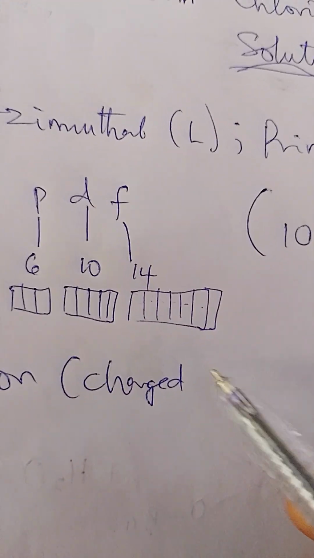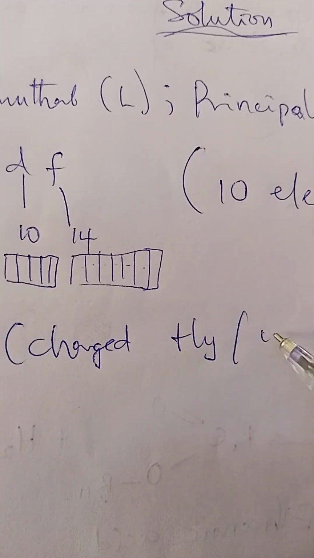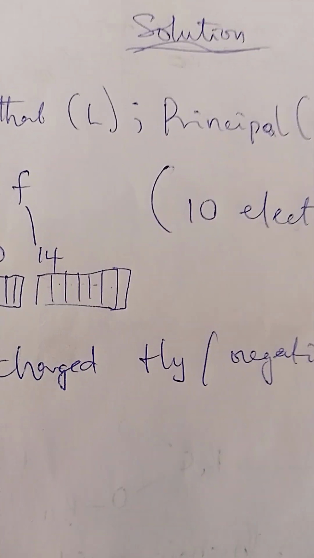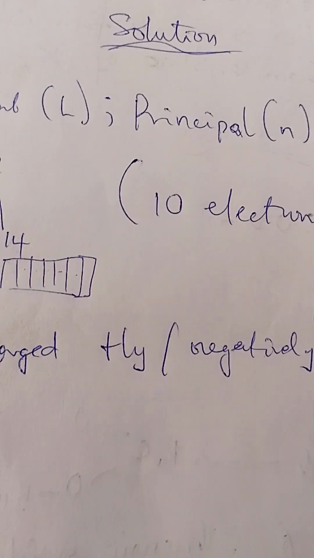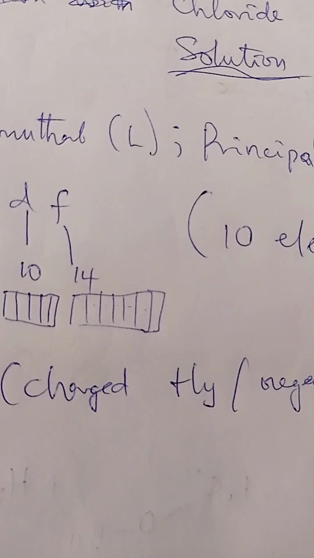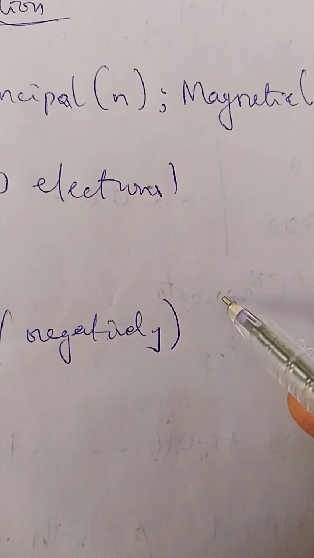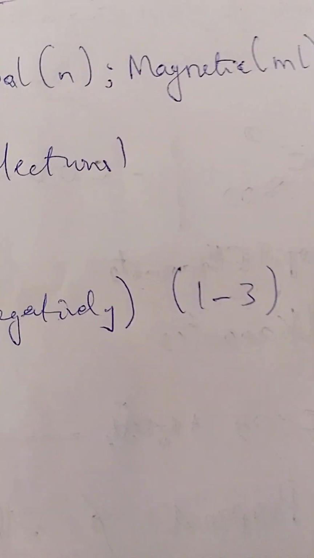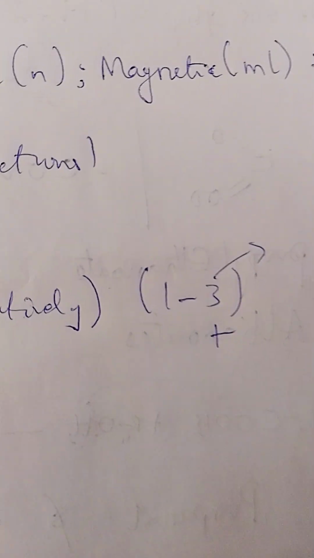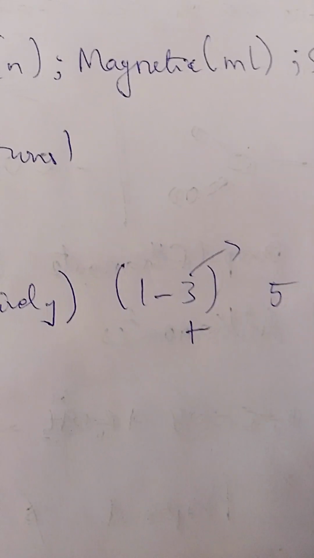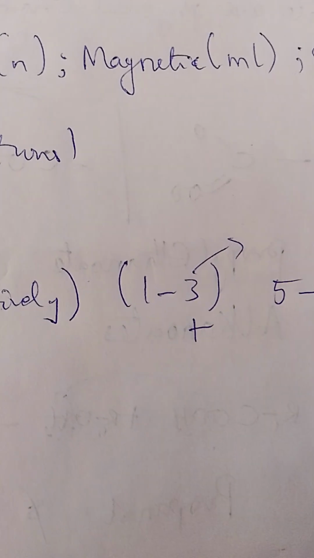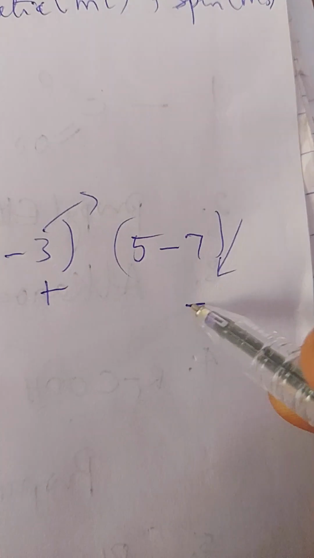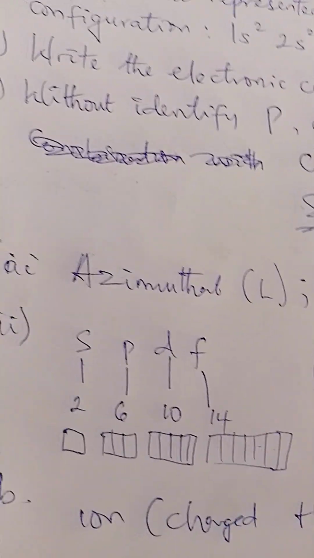It is either positively charged or negatively charged, and it depends on the outer valence electrons to determine if it's positive or negative, because we know that elements with 1 to 3 electrons at the valence shell will donate, and when they donate they become positively charged. And those that have 5 to 7 will accept, and when they accept they will be negatively charged.